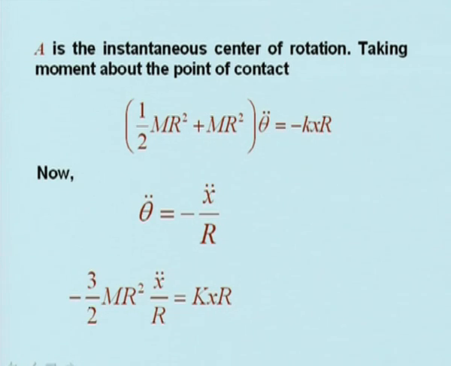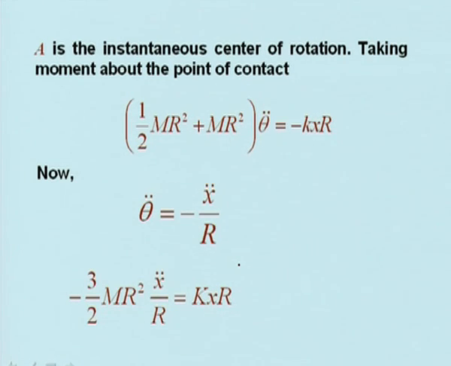About this point, the mass moment of inertia is equal to half m r square plus m r square using the parallel axis theorem, because the mass moment of inertia about the center of the cylinder is half m r square. So this is 3 by 2 m r square theta double dot is equal to minus kx times r.